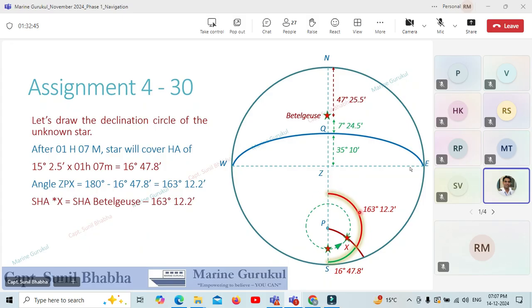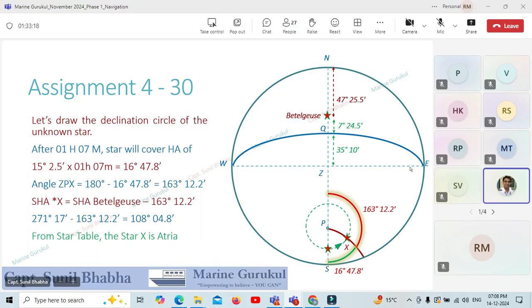But the star is east of Betelgeuse, so we have subtracted this angle from the SHA of Betelgeuse. It will give us the SHA of the unknown star, which comes out to be 108 degrees 4.8 minutes. So SHA of Betelgeuse is available to us from the almanac, minus this value gives me 108 degrees 4.8 minutes, which will be the SHA of the unknown star.